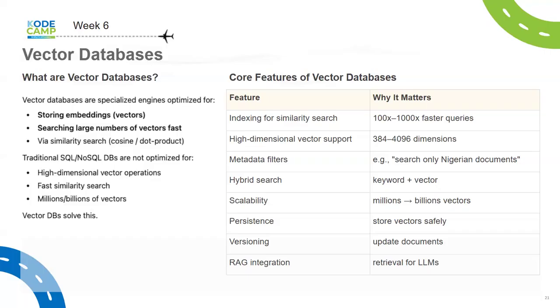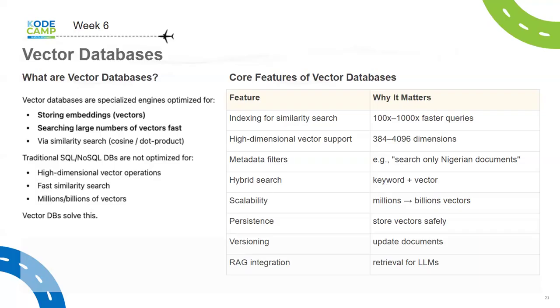For those, you would have to do some additional operations which a regular database cannot do. So you need to bring in extensions or plugins that will allow it to do it. In the same way, vector databases are specialized and optimized for storing embeddings, which are these vectors that we're talking about. And that's why it's called the vector database.